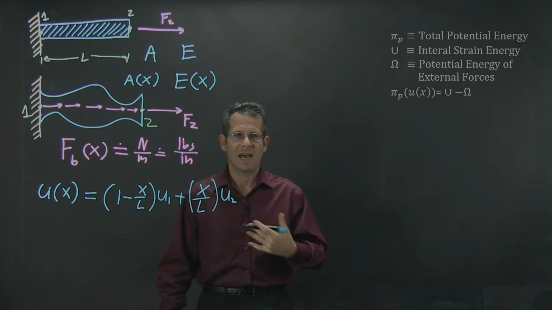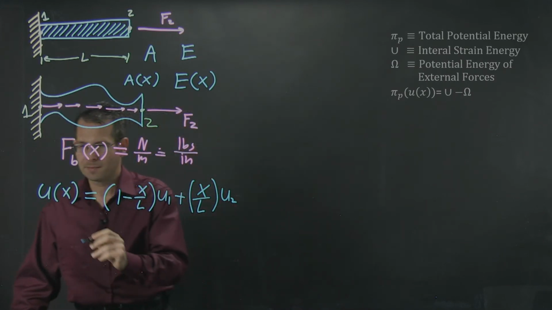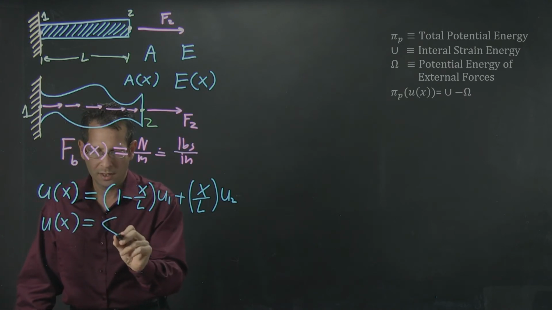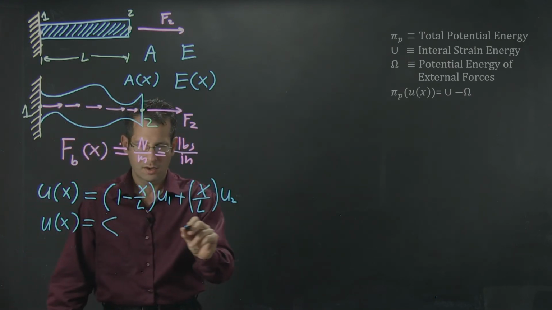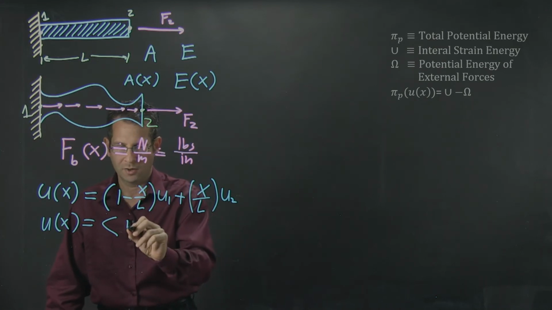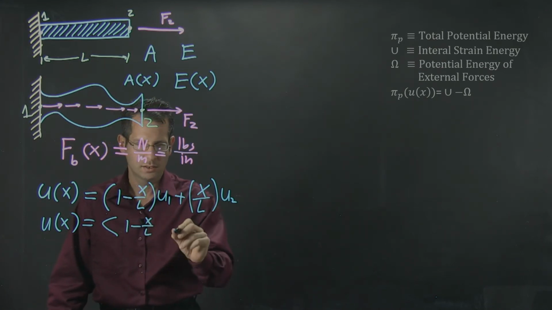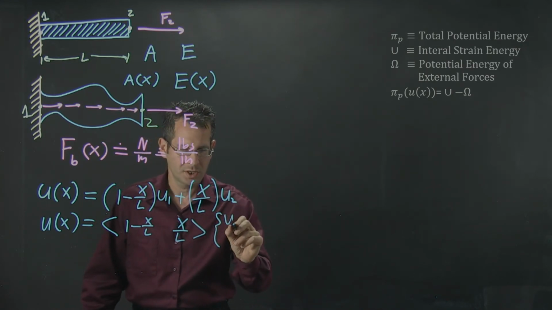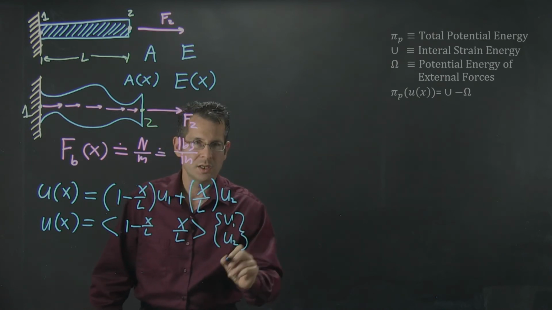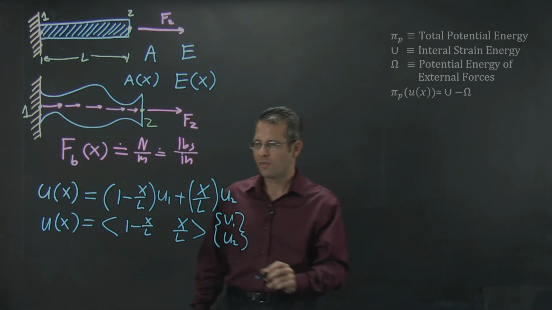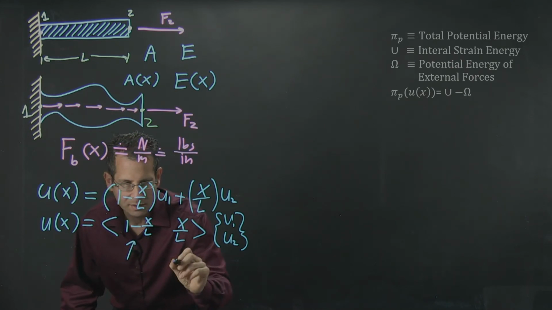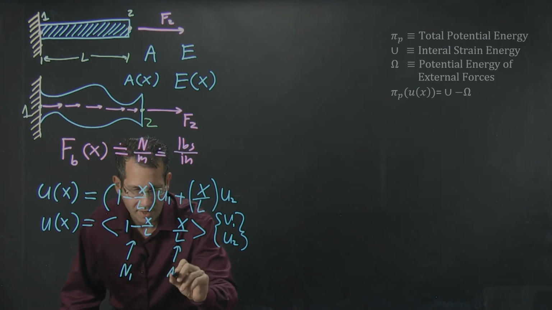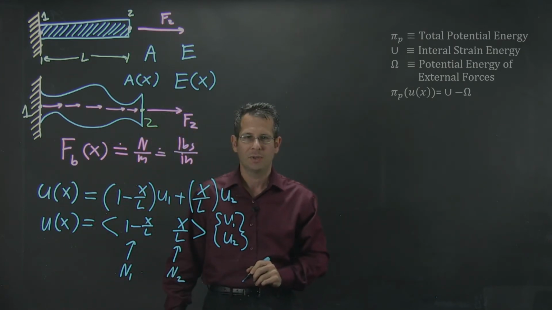Or writing that in a more linear algebra way, u of x is equal to the row vector [1 minus x over L, x over L] times the column vector {u1, u2}. Remember, these are what are called the shape functions. I might call this N1, and this shape function N2.